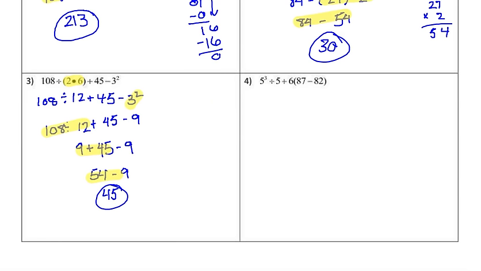Okay, for number 4, you're going to do the grouping first, which is right here. 87 minus 82 gives you 5. Leave it in a grouping just so you don't make a mistake. It's a 5.